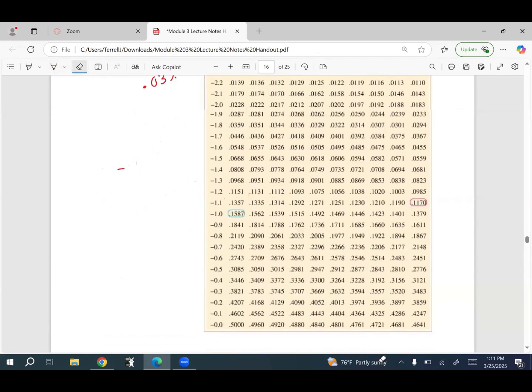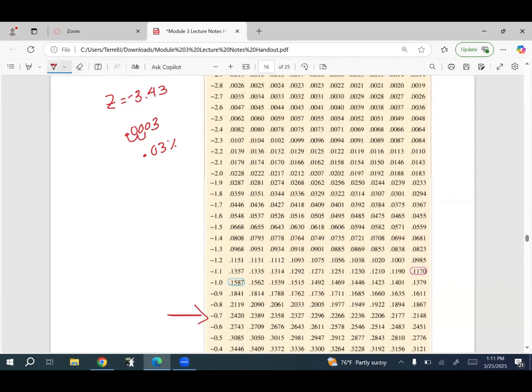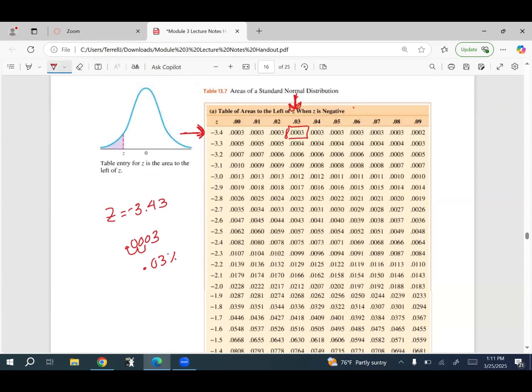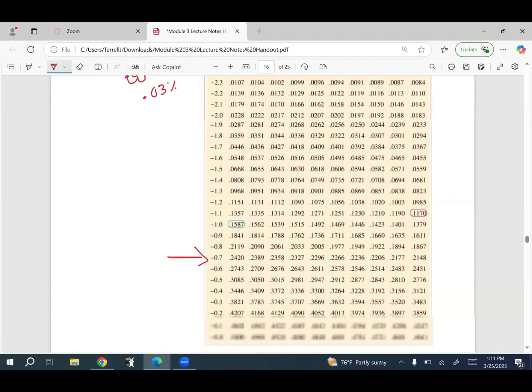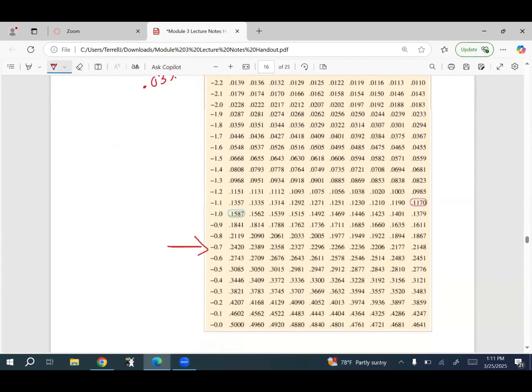We're at the negative 0.7 row, and let's go to the 0.05 column, which is over here. If I follow that down, I get 0.2266.